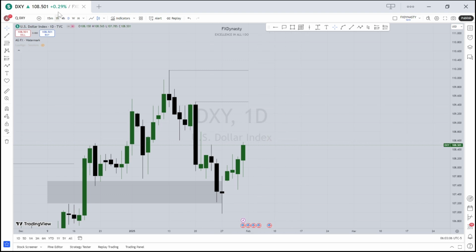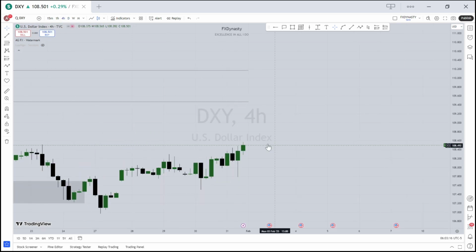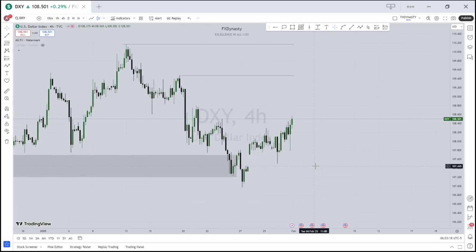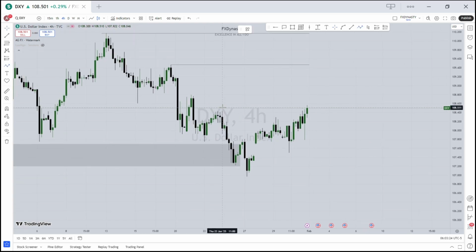So let's go to the 4-hour time frame where we show you what price did when we got to this weekly imbalance. So this is a 4-hour time frame, guys, and you can see price created this high, created this low inside the weekly fair value gap.